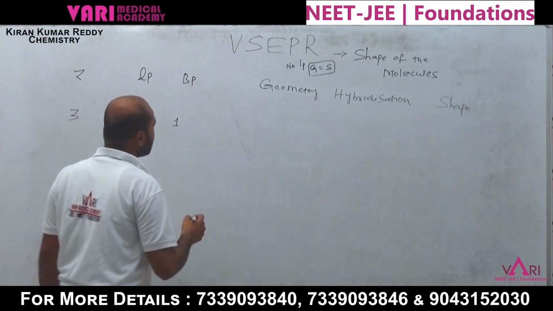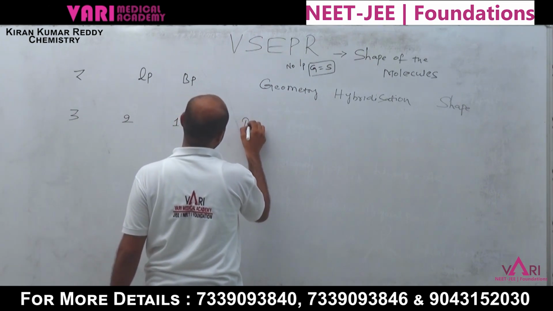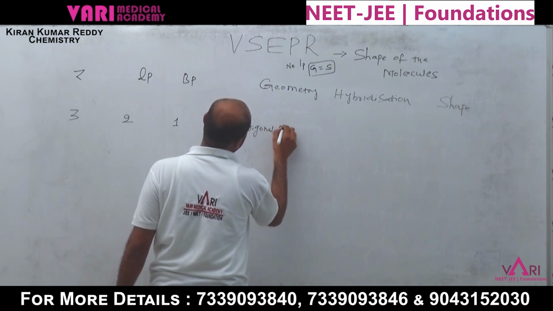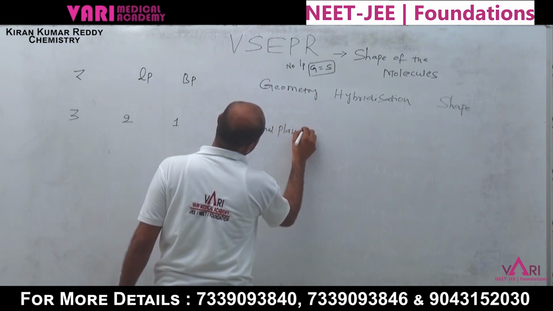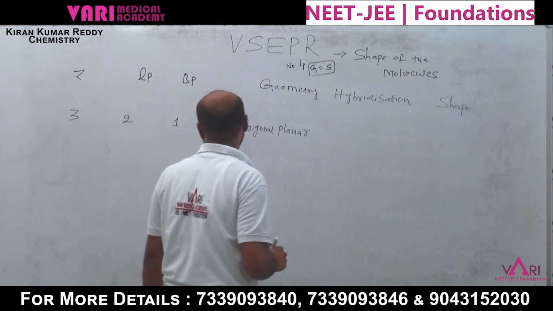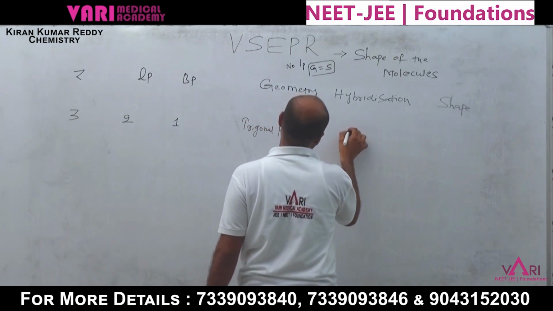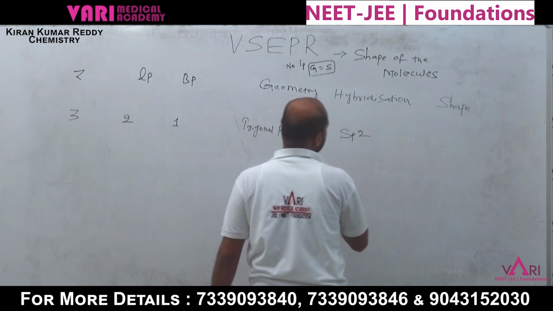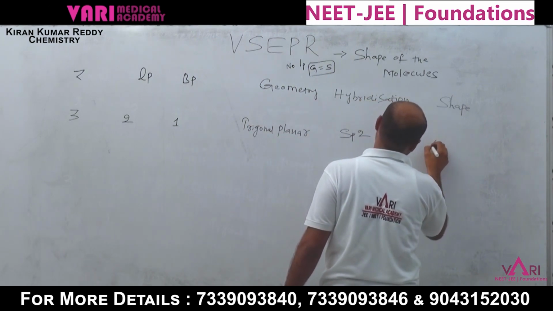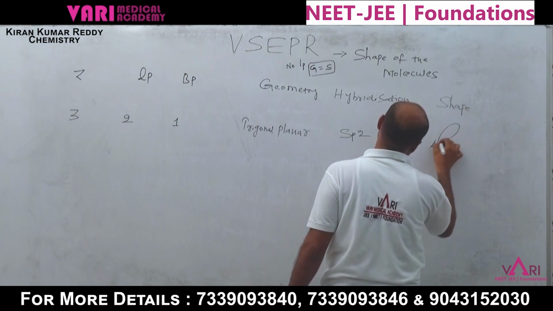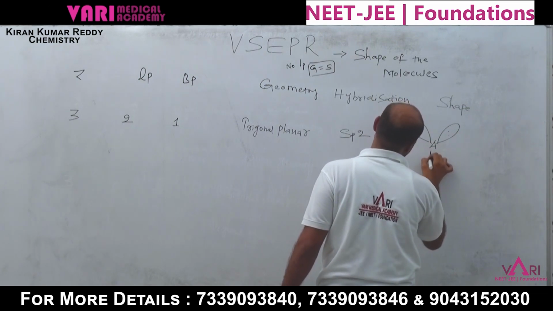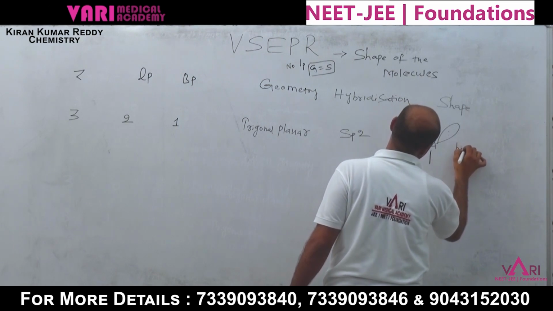What is the geometry? Already you know, trigonal planar geometry. Hybridization is sp2. What is the shape of the molecule? 2 lone pairs are present, and this one is looking like linear shape.